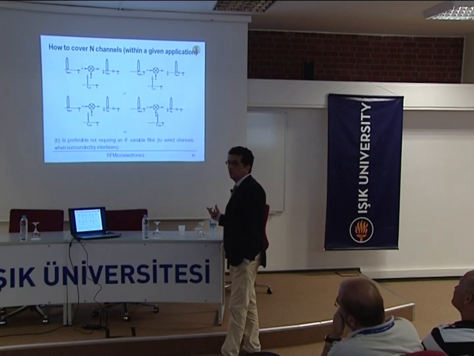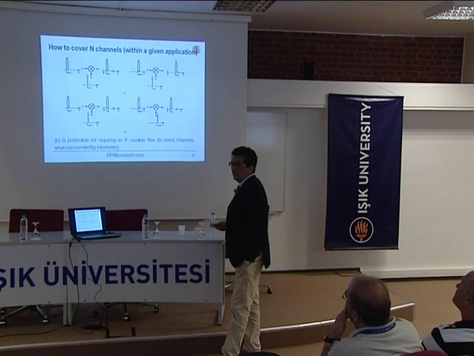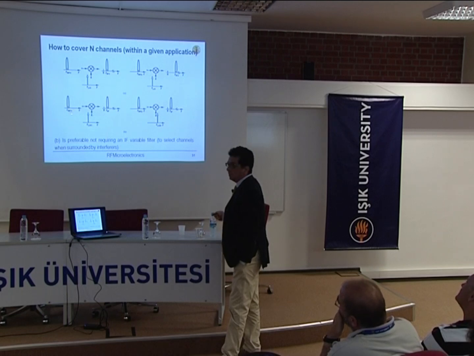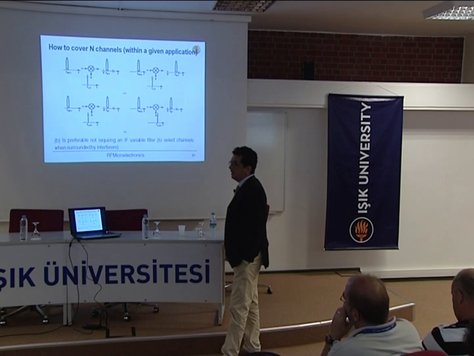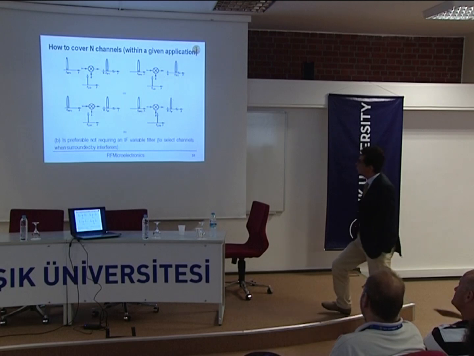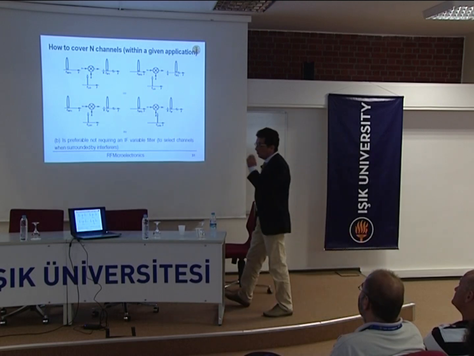In principle, we could do it. Or, alternatively, we can use a local oscillator which is tunable and can be shifted in frequency, so that independent of the frequency at the antenna, RF1 or RF2, I convert the RF signal to the same IF intermediate frequency band. Okay?